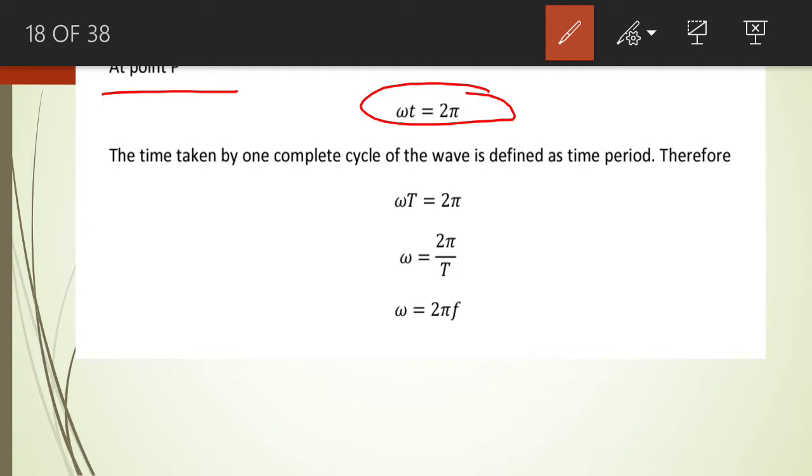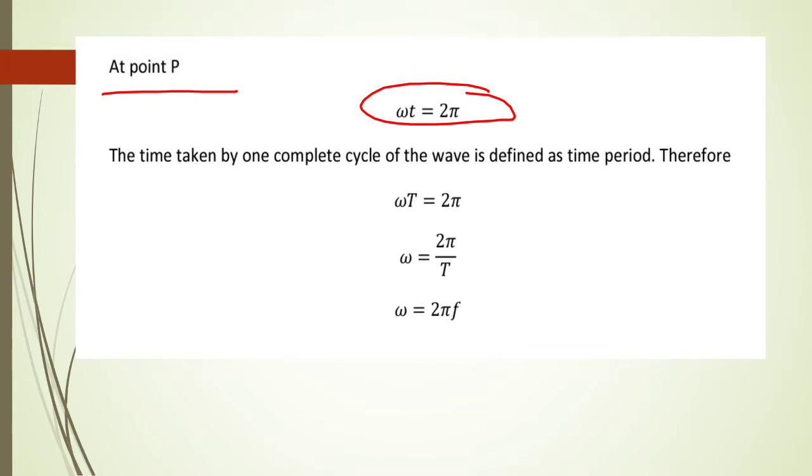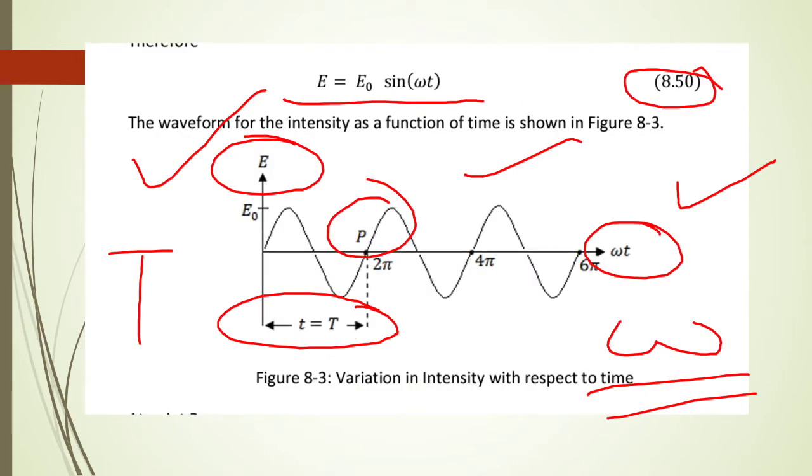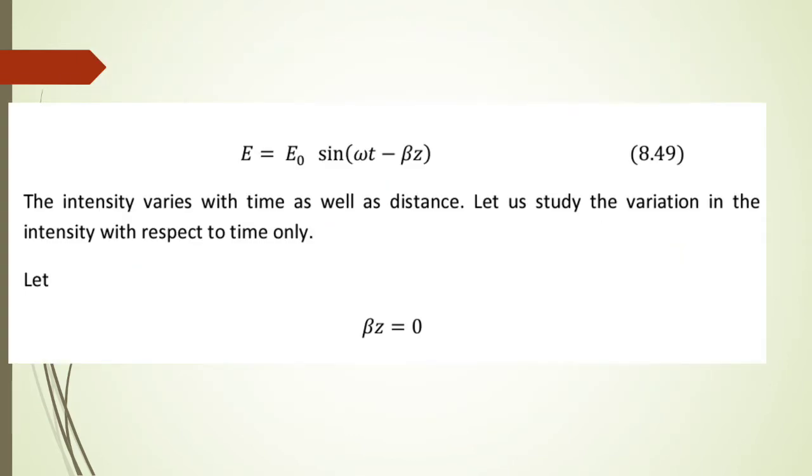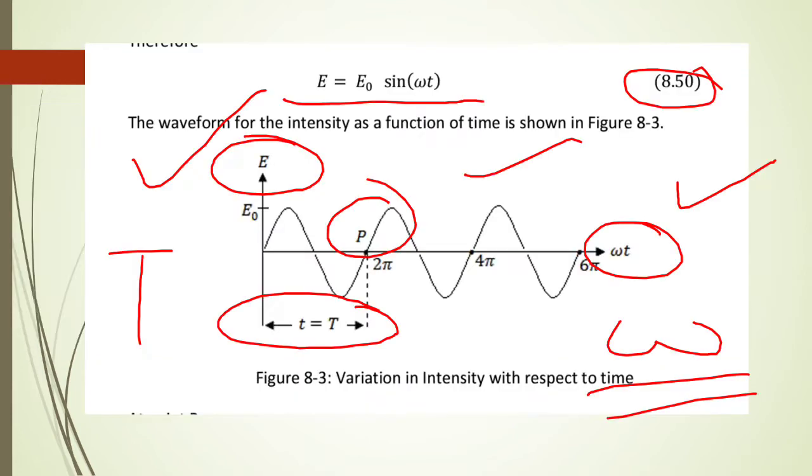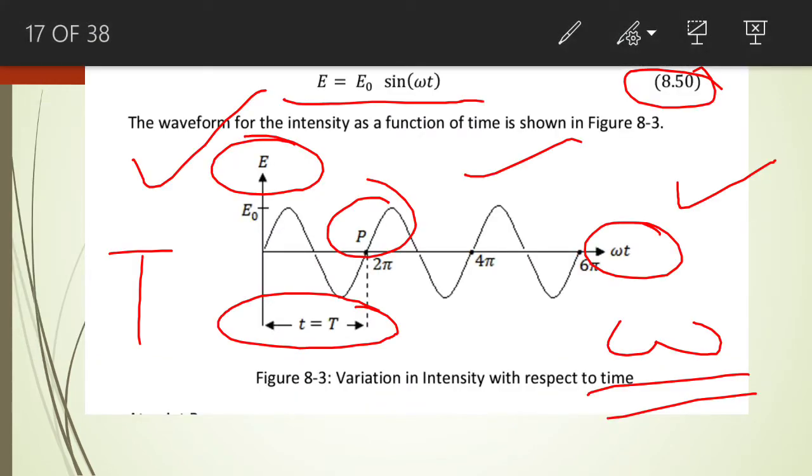So let me consider this diagram once again. If we consider this point P, where is the diagram? Let me show it once again. If we consider this point P, the value of omega t at this particular point is 2 pi.